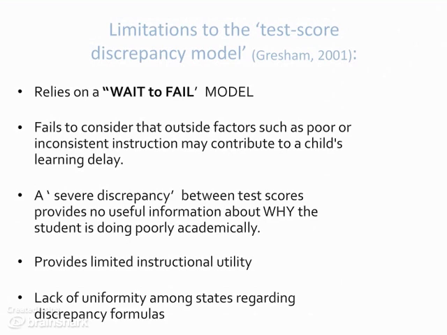So even though you may have children who are referred as early as kindergarten, they may not have a large enough discrepancy. And because they are not labeled as being learning disabled, they're not getting that remedial help that they need. So students often struggled for years prior to having been identified, and they weren't given the support they needed in early grades.